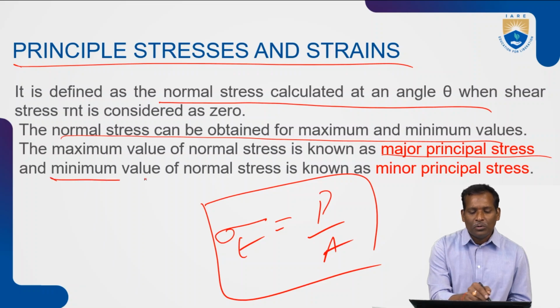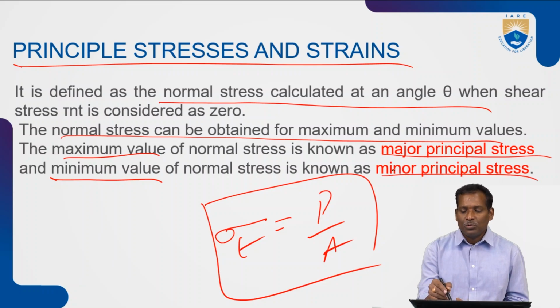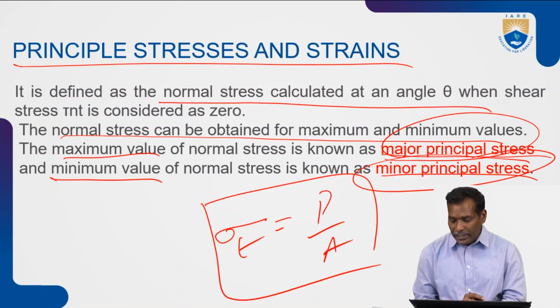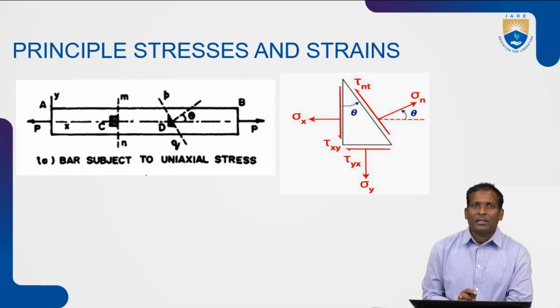Similarly, the minimum value of normal stress is known as the minor principal stress. These two stresses are very, very important while calculating shear stresses, principal stresses, and in the Mohr's circle method. So the maximum value of normal stress is known as major principal stress, and the minimum value is known as minor principal stress. See this diagram, which explains it clearly.